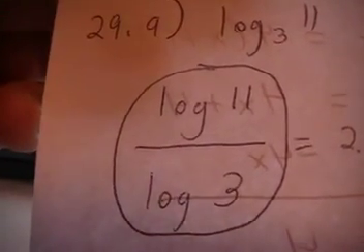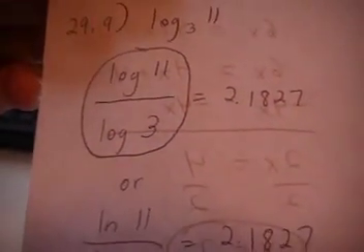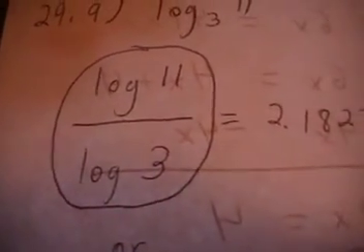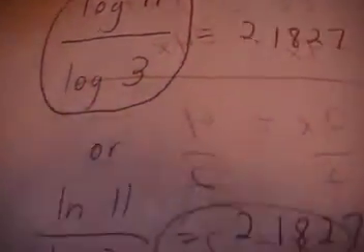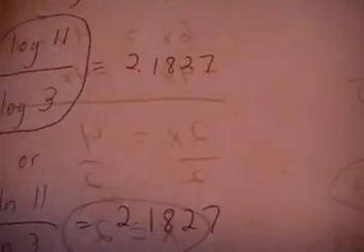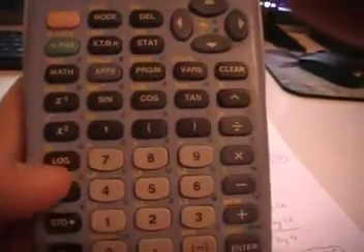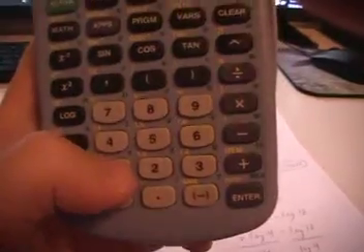But often we do this to get the answer, and notice that the answers are the same. Whether I put them in the calculator as common log base 10, or use natural log base e, you get exactly the same answer, 2.1827. They didn't want that answer here, but if you come to your calculator and hit the log button, hit 11.